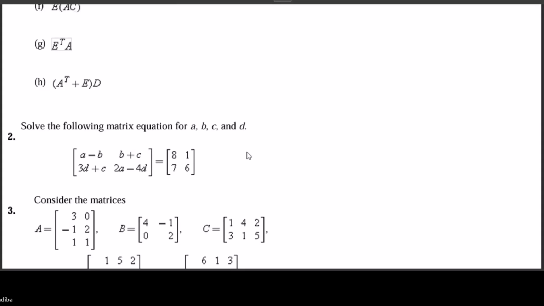We had 3D minus B equals 6, and then we took B to the other side, and it became 3D equals B plus 6. Then we divided both sides by 3 so that we can have D as the subject of the formula.